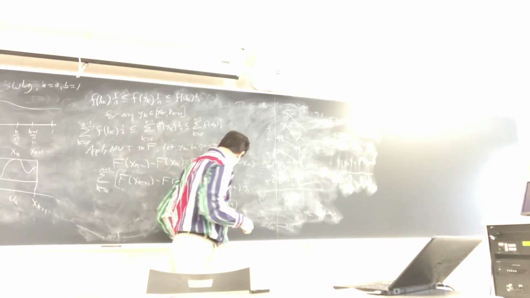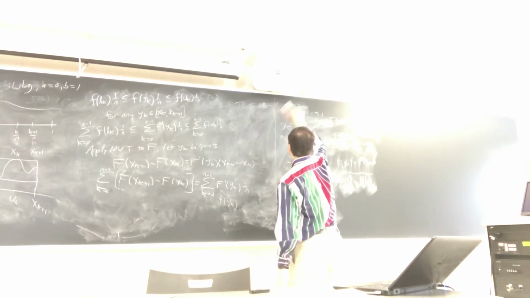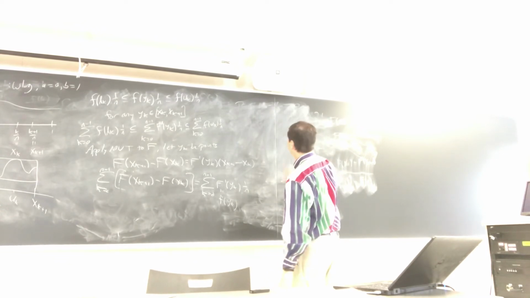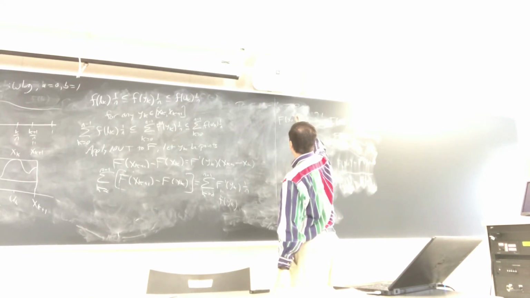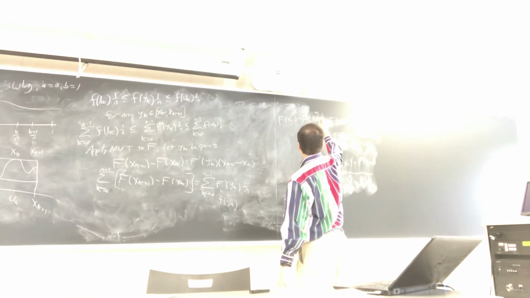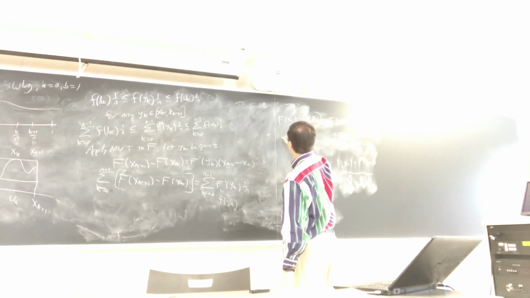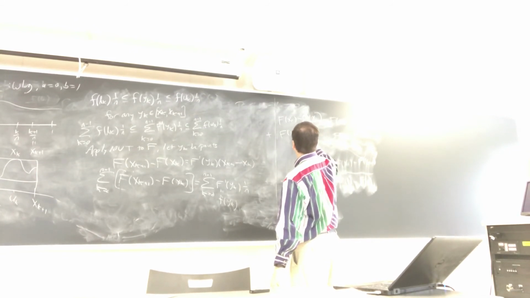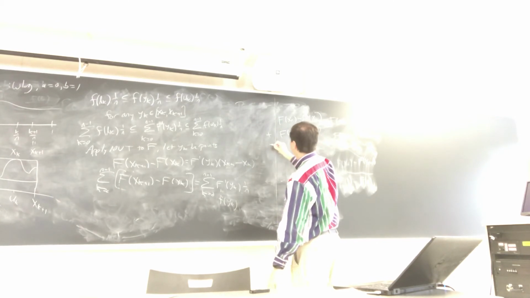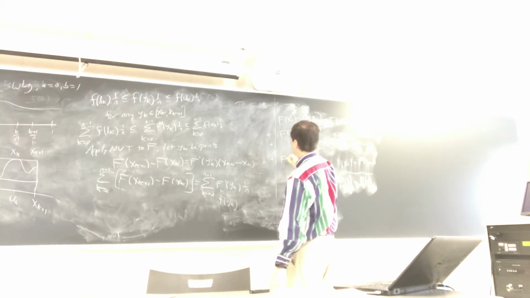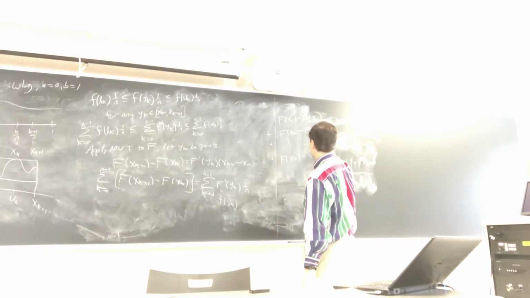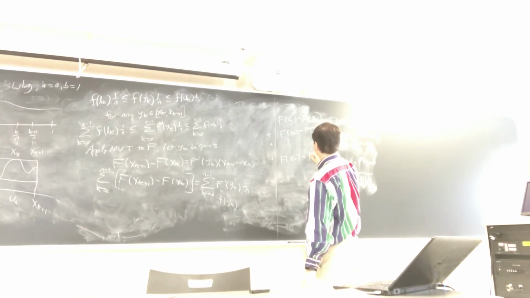So let me write carefully what we're looking at over here. We have f of x1 minus f of x0 plus f of x2 minus f of x1 plus dot dot dot plus f of xn minus f of xn minus 1.